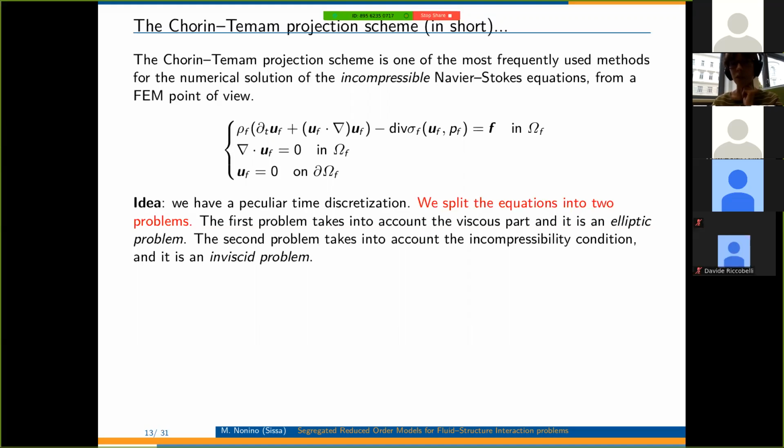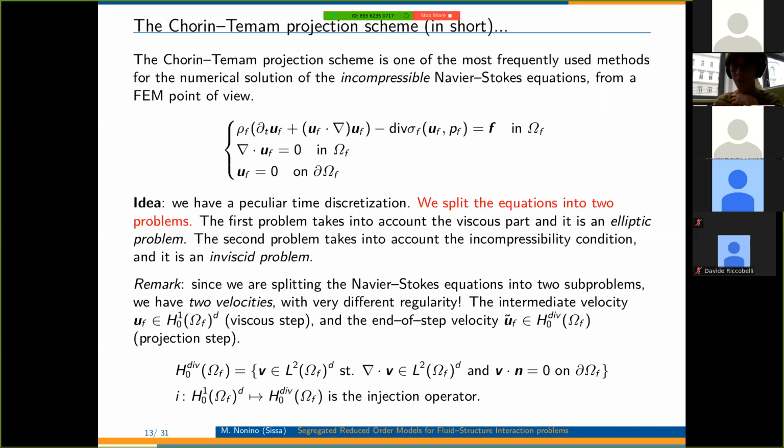The idea of the Chorin-Temam projection scheme is to use a peculiar time discretization, which leads to the splitting of the original Navier-Stokes equations into two problems. In the first problem, we consider the viscous part of the Navier-Stokes equations, and this is an elliptic problem. Whereas in the second problem, we take into account the incompressibility constraint, and we have an essentially inviscid problem.